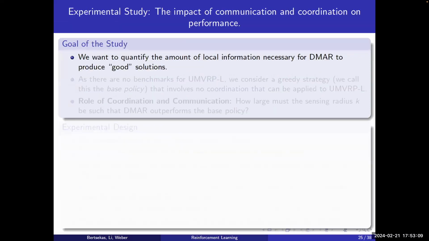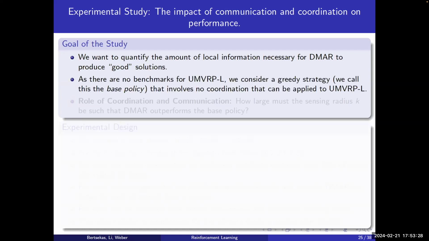All right, so next we're going to look at this experimental study that looks at the impact of communication and coordination on performance. The goal of this study is as follows. We want to quantify the amount of local information necessary for DMAR to produce good solutions. But I mentioned that this problem has not yet been considered in the literature, so there are no benchmarks for it. To address this, we consider a greedy strategy that we call the base policy.